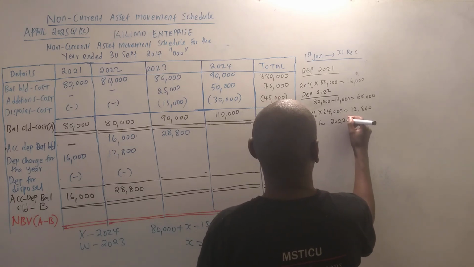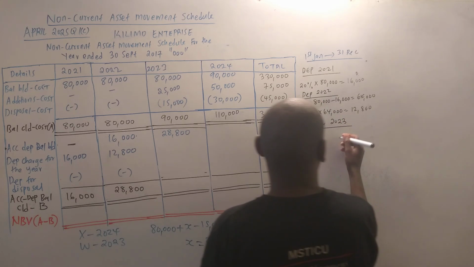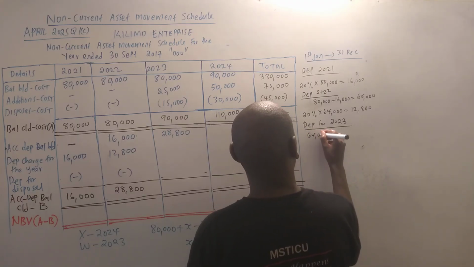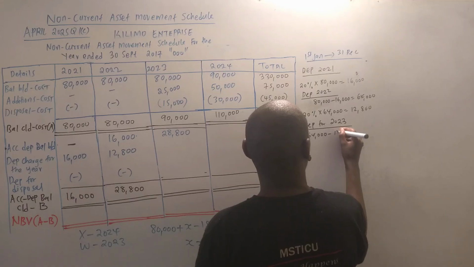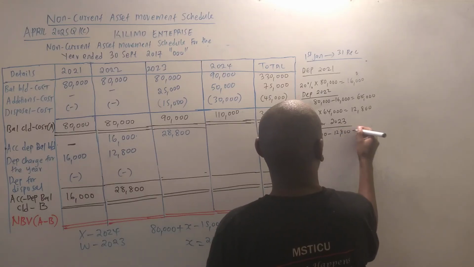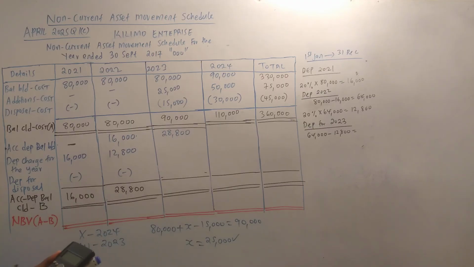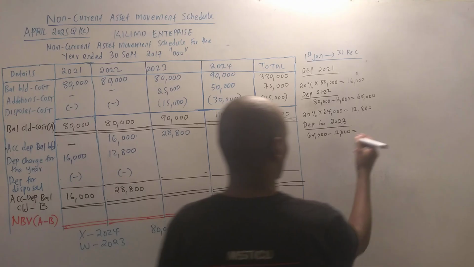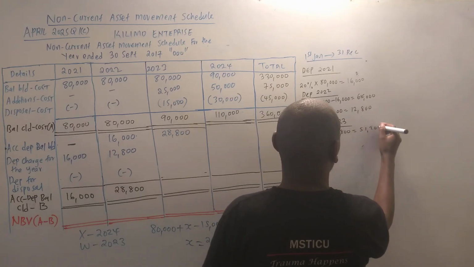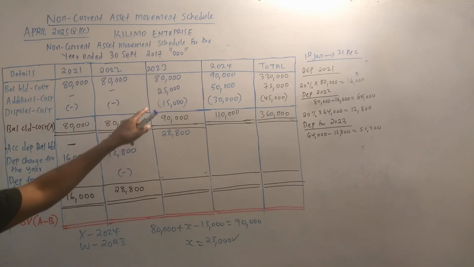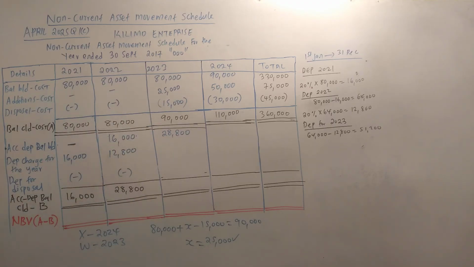That will be equal to what? 64,000 minus 12,800. That will be equal to 51,200. But remember, there was an addition of 25,000.